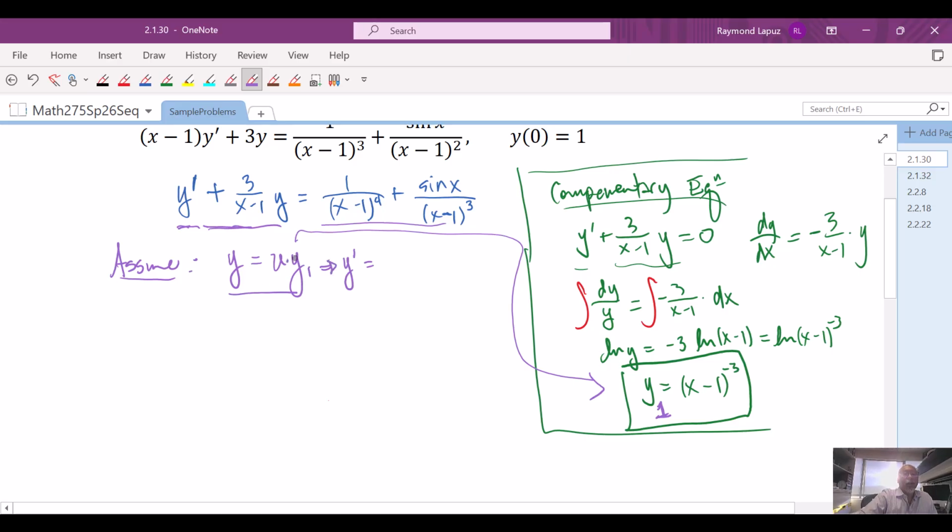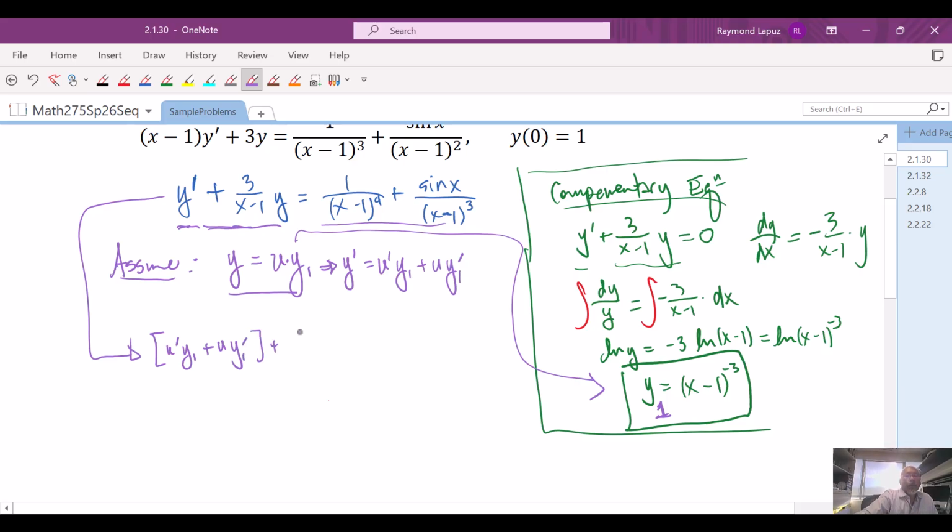And this is a product of u and y1, so it's going to be u prime y1 plus u times y1 prime. And let's put that into this differential equation now. We got y prime, which we just found to be u prime y1 plus u y1 prime.